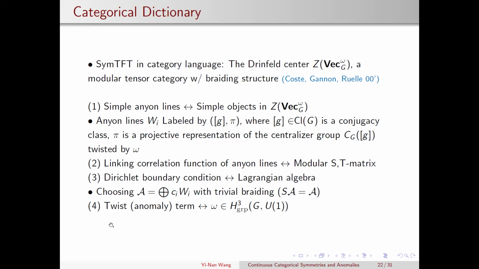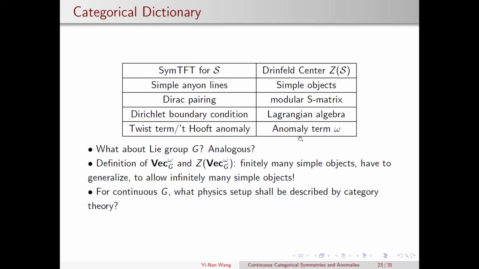Finally, the twist term or anomaly is in one-to-one correspondence with ω. Okay, so this works pretty well. There's also a dictionary here for the case of the finite group G, which can also be generalized to a general and intrinsically non-invertible categorical symmetry. But for finite group G, we have very nice equations that have been known in mathematics for a long time.